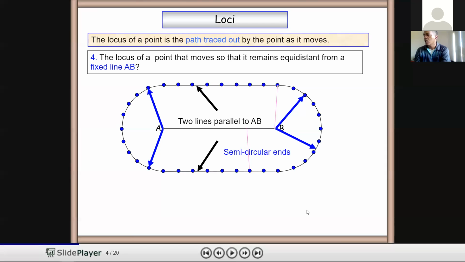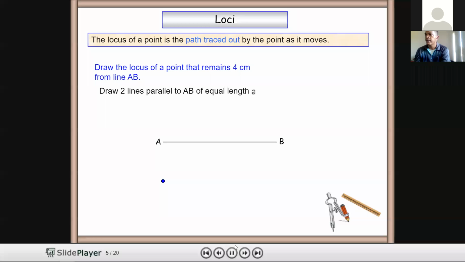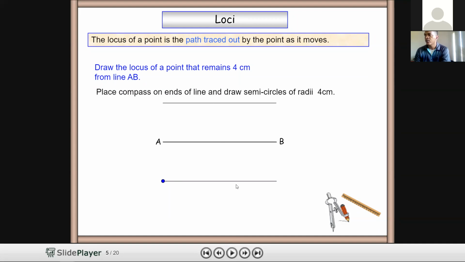Okay. I'm gonna clear this because it's gonna go to the next one. So this one is how it ends. All the lines are the same. And now we start with the construction, how we are supposed to do it, okay? So draw the locus of a point. Okay, so first we have to draw two parallel lines, okay?